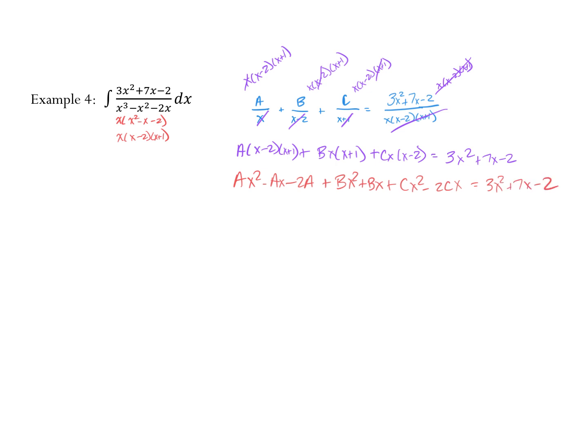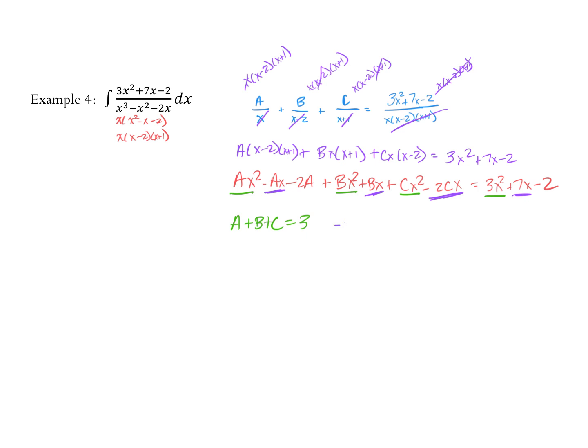And again, at this point, we just start matching up our like terms. So first I'm going to look at my x squared term. I have 3 coefficients, a plus b plus c. That's what's got to equal 3x squared. And then I look at my x to the first term, so I have negative ax, positive bx, negative 2cx.